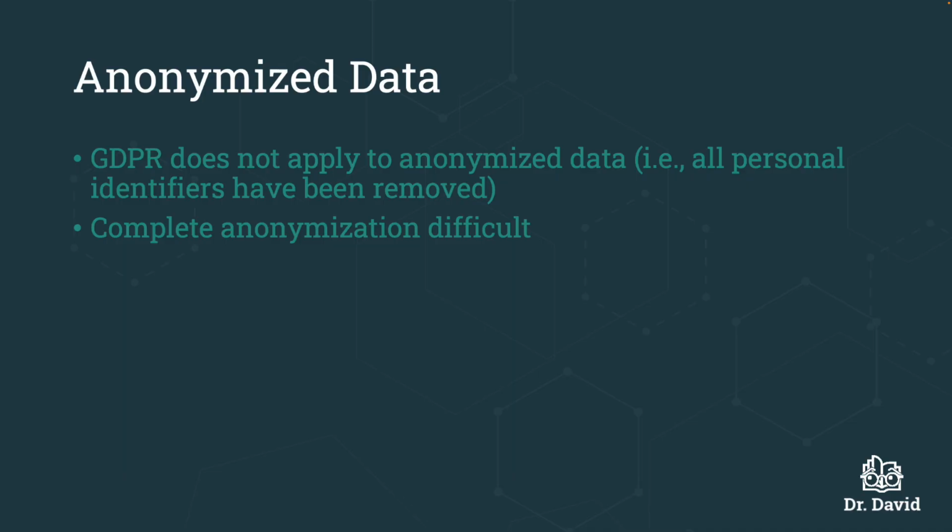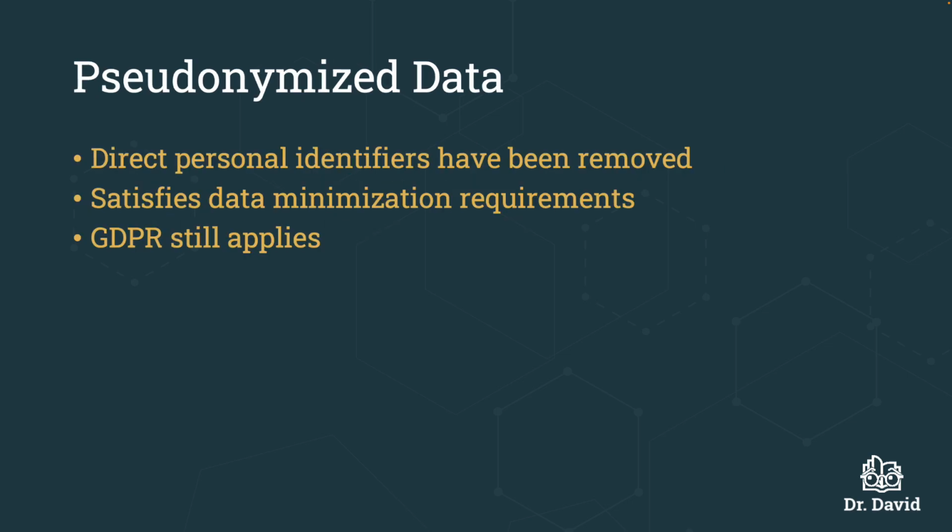The standard for the GDPR for anonymized data, that standard is very hard to hit. And so most of the time what you come across is instead pseudonymized data. And with pseudonymized data, this is where direct personal identifiers have been removed. And this helps to satisfy data minimization requirements. The GDPR, however, still applies to pseudonymized data.